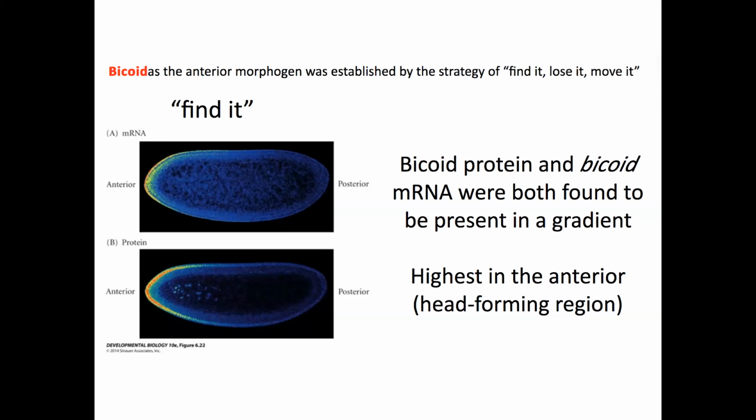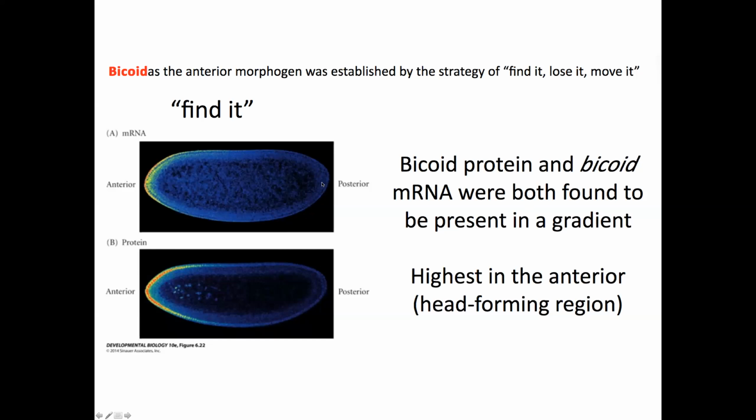And the other thing was, if I have Bicoid anywhere, move the expression from anterior to posterior and see what happens. If it's a determining element, no matter where it is, it will still define the head or not. So they have this name called the find it, lose it, move it strategy.